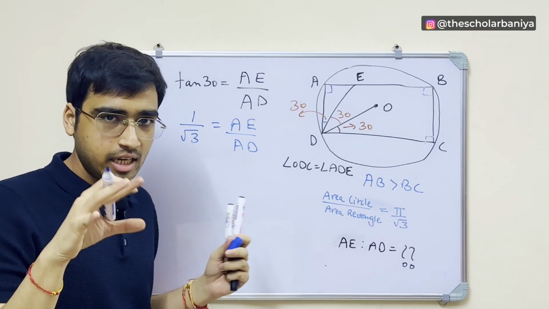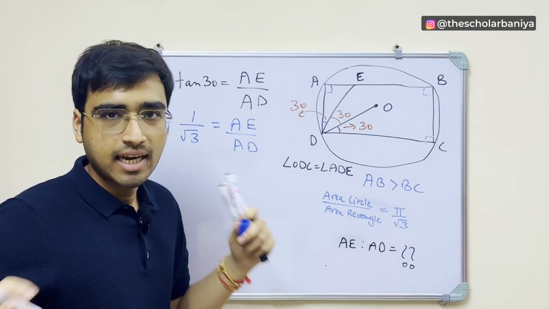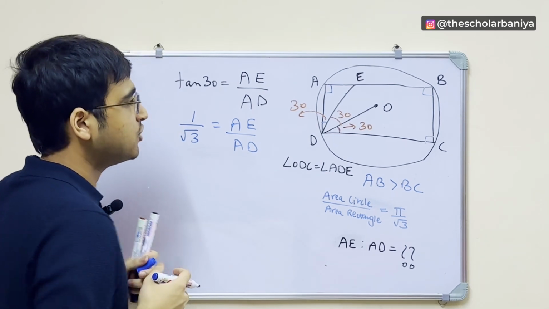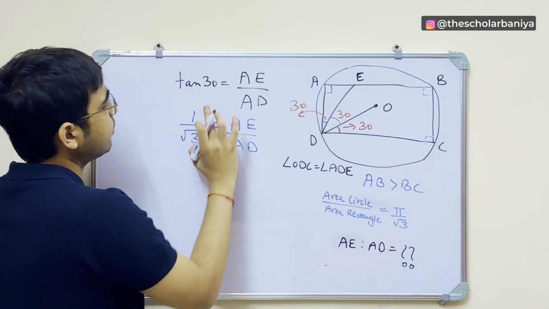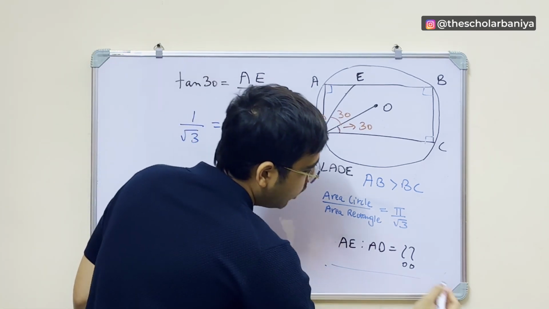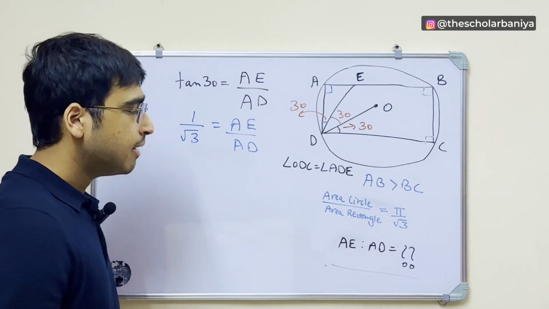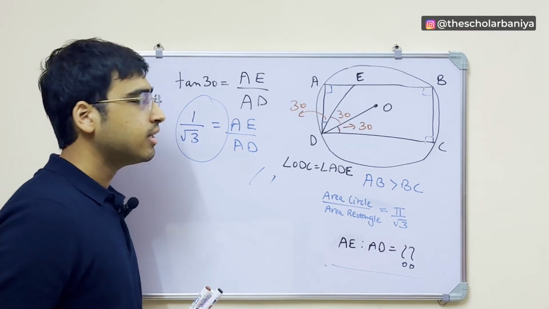There is a table of all the values of tan 30, sin 30, cos 45, sin 45, all of this. So you can go and check it out and learn all of those values, right? So tan 30 is 1 upon root 3, which is AE upon AD. And we had to find out AE upon AD. So this becomes your final answer, which is 1 upon root 3.